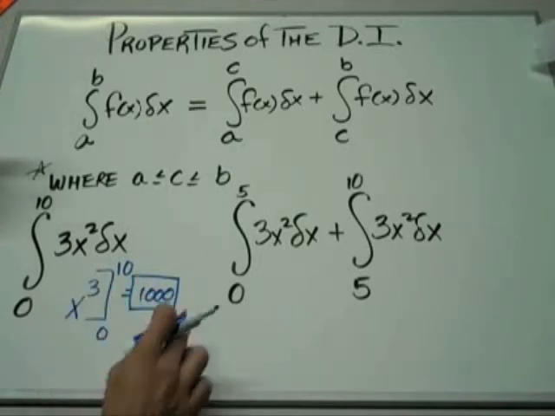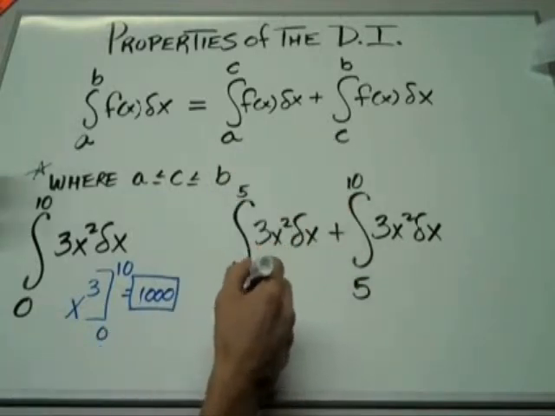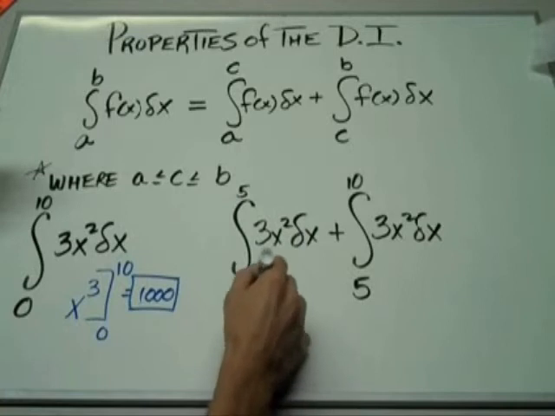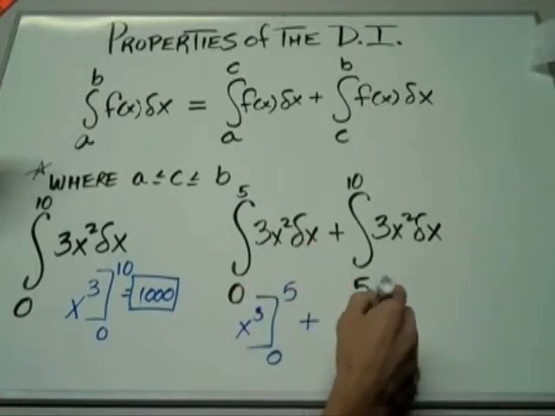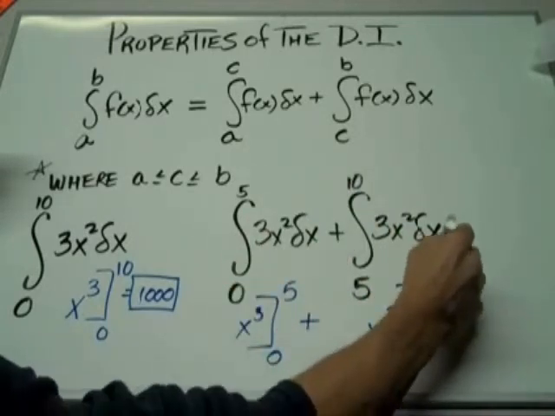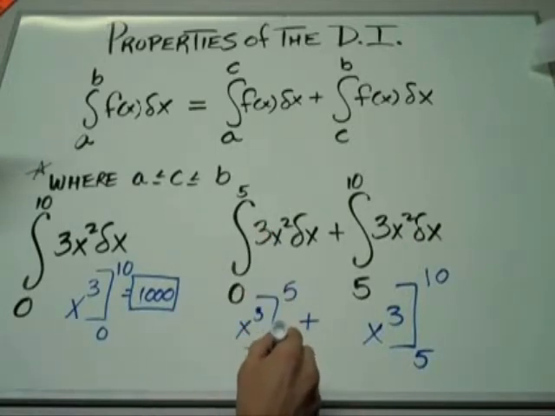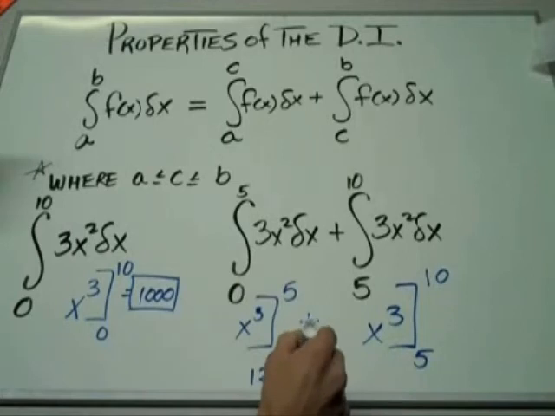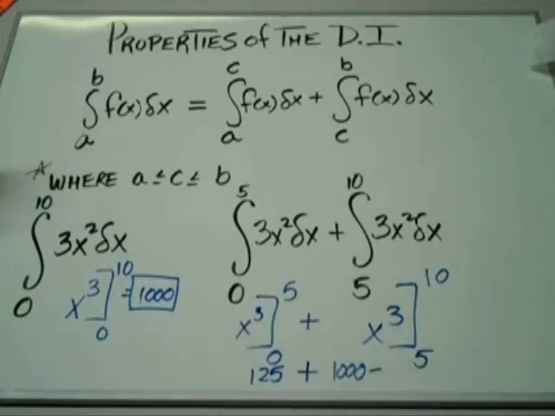Well, we can split this up to 0 to 5 and then 5 to 10. For example, this here will again be x cubed from 0 to 5 plus x cubed, I integrated that, from 5 to 10. Well, 5 times 5 times 5 is 125 minus 0, plus, if I plug a 10 in there, I'm going to get 1,000 minus 5 cubed, which is 125.